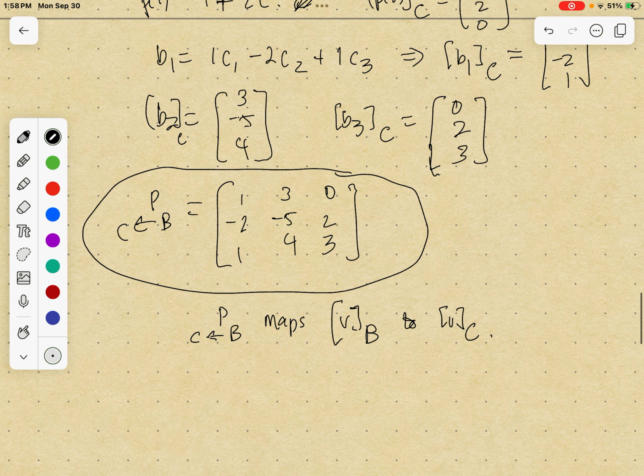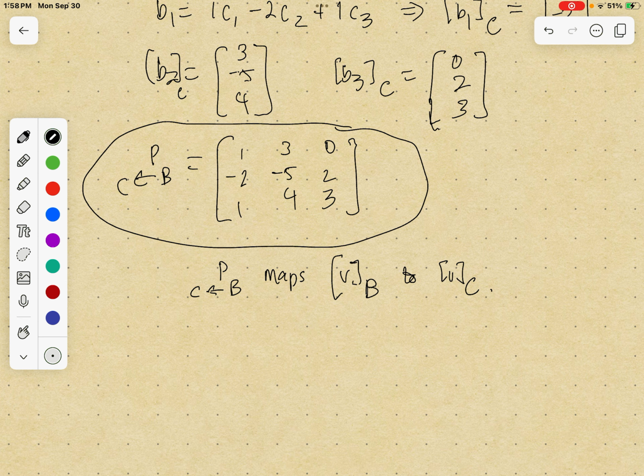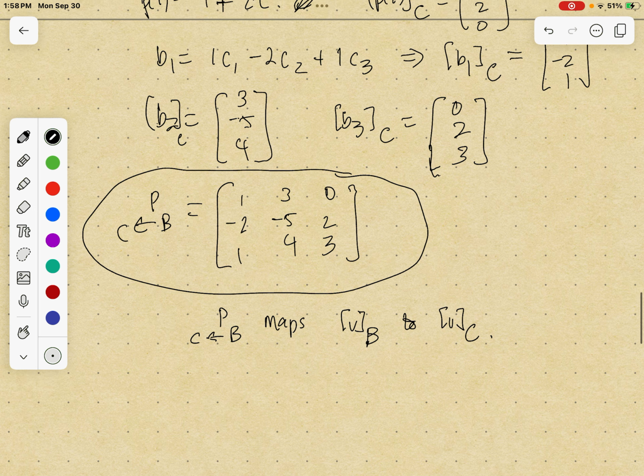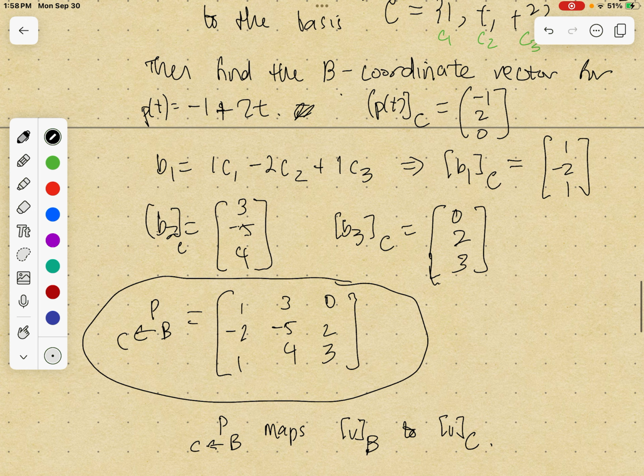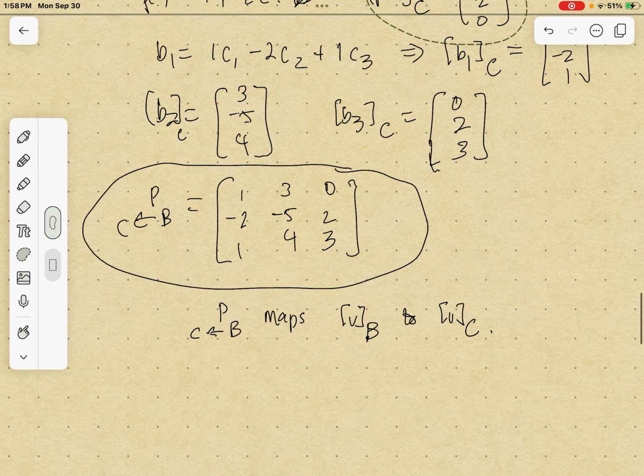And this is an invertible matrix, so we want to know what input will give us the output that's given in the problem. We're given that the coordinate vector of P relative to C is this. That's our vector V with respect to C. So we're given this, and the question is, what's this?